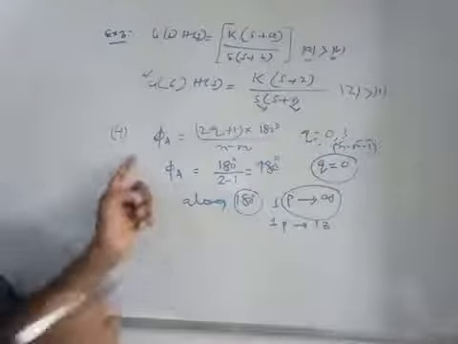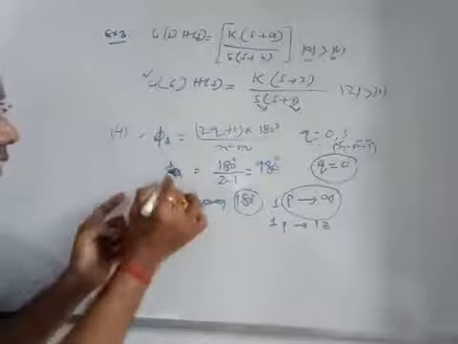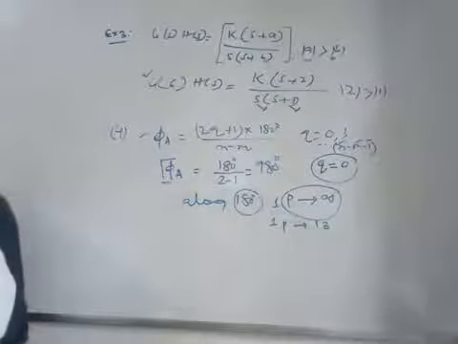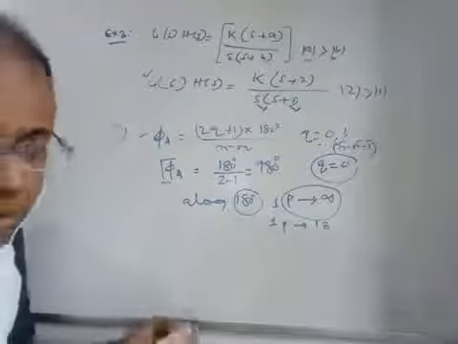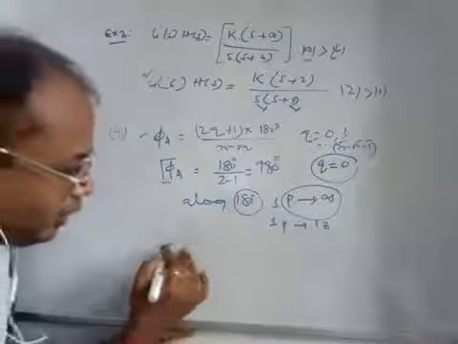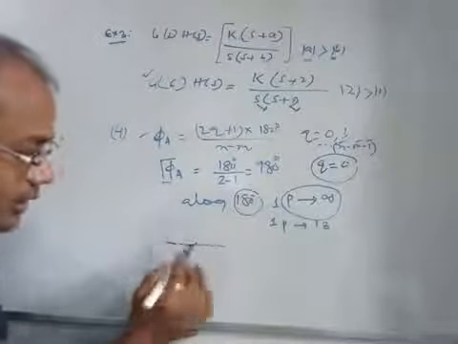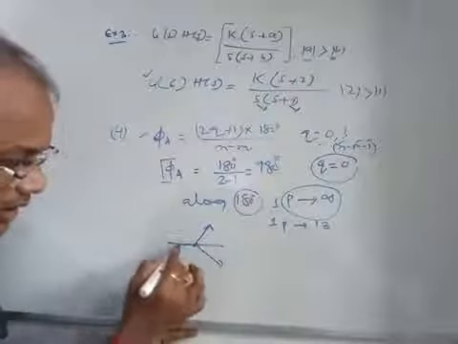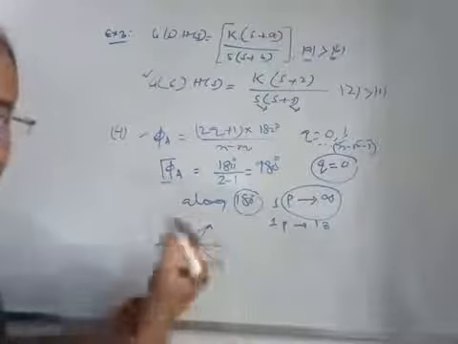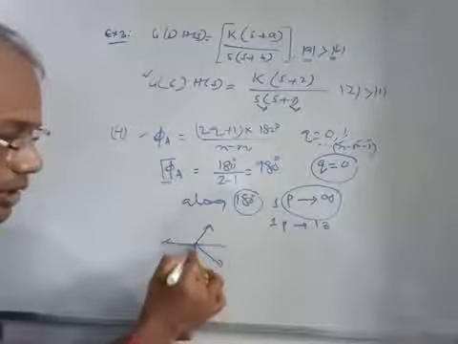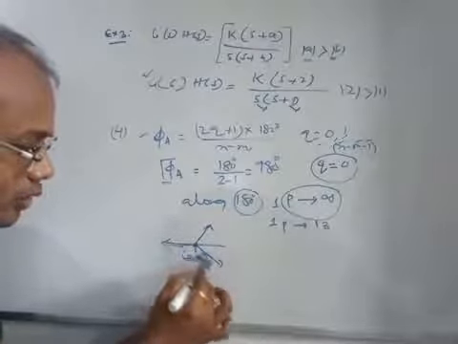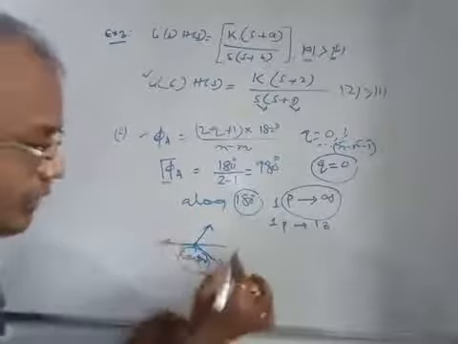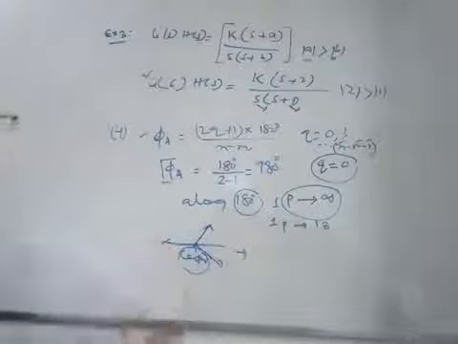Once there is one asymptote, there is no question of centroid, because centroid is the meeting point of all the asymptotes. If this is your centroid, for example, there is an asymptote, another asymptote, there may be another asymptote, and all these asymptotes are meeting at a point which is known as centroid. So as there is only one asymptote, there is no question of centroid. So centroid is not required.